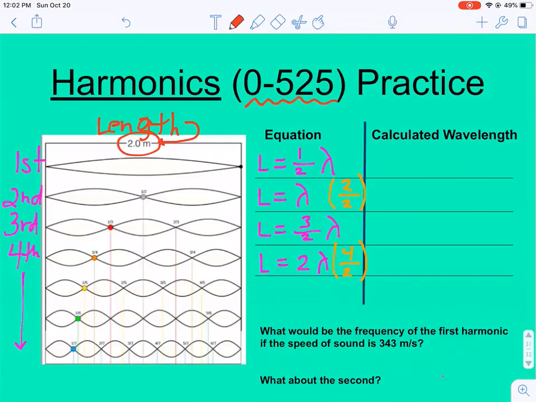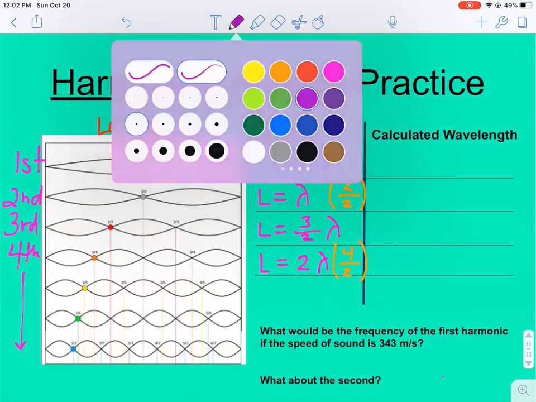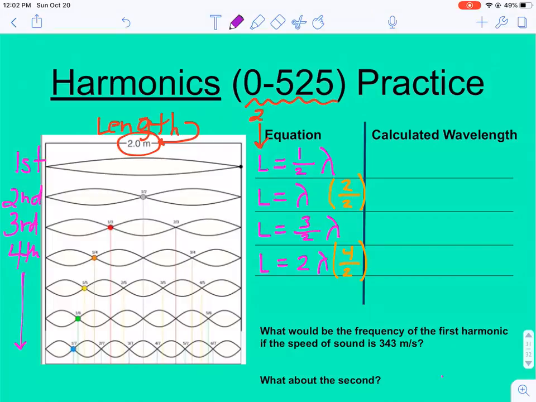So L is going to be 2. I'm going to do a lot of this in my head to show you the pattern, but we can solve it using our algebra and the pink formulas as well. For the calculated wavelength here, I need 2 of those 2's. I need 2 and I need 2 more. So 4.